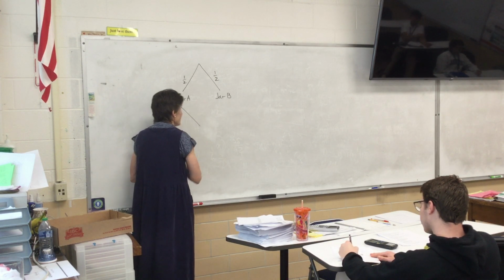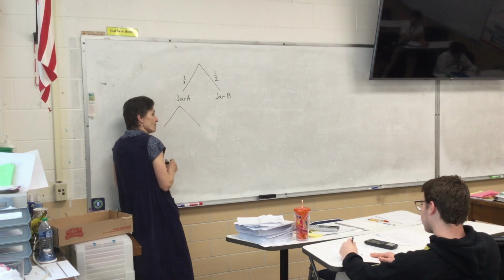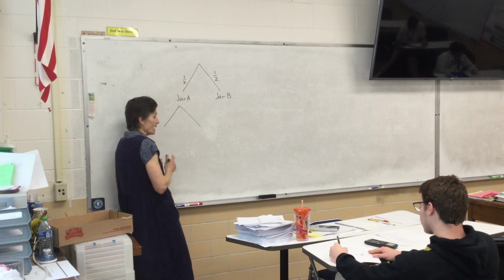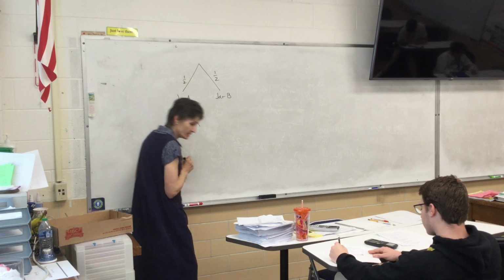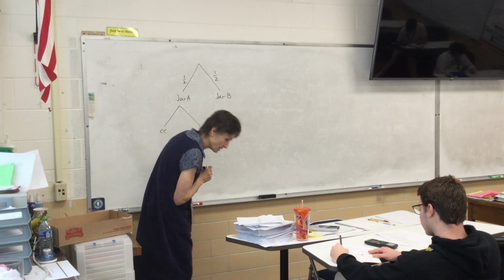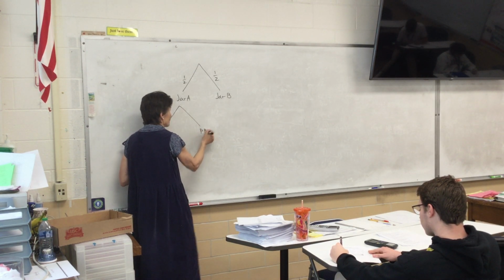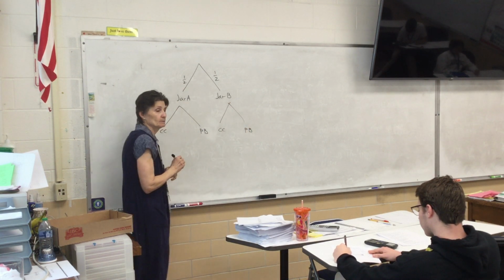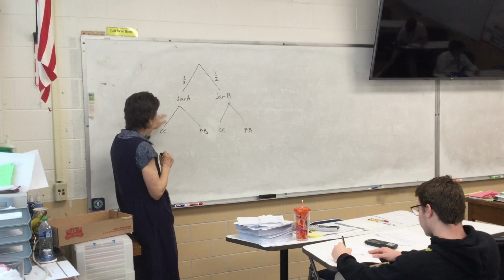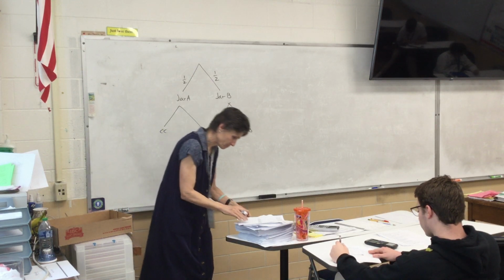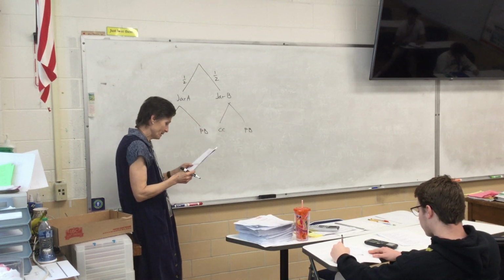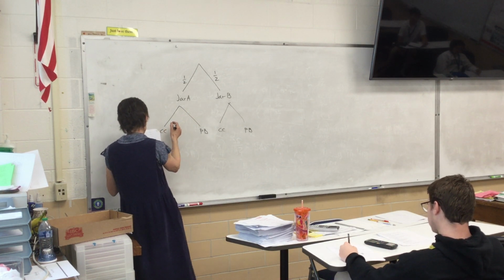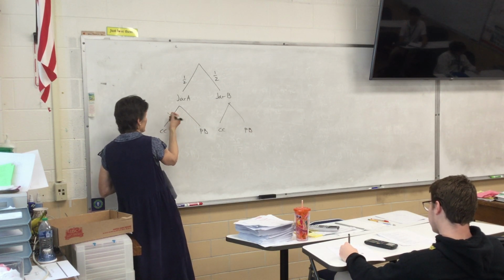Now, once you pick your jar, then you're gonna reach in and get a cookie, and it's either gonna be a chocolate chip cookie, or it's going to be a peanut butter cookie. Now, if you happen to pick jar A, what's the probability that you will reach in and grab a chocolate chip cookie? 1/2.